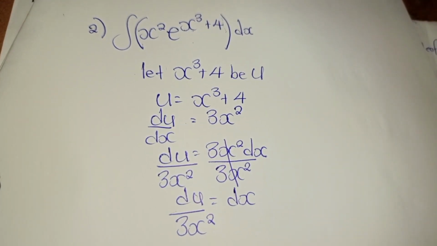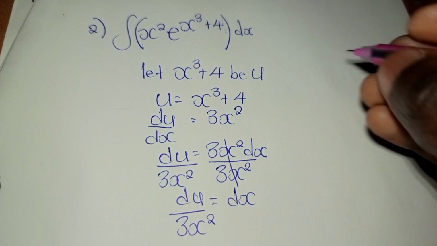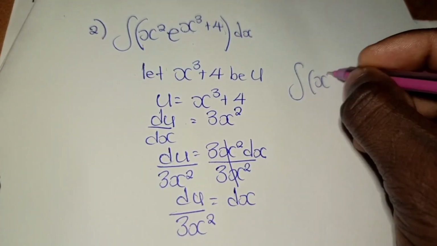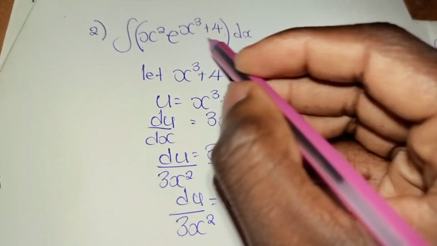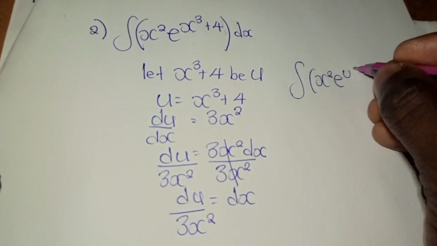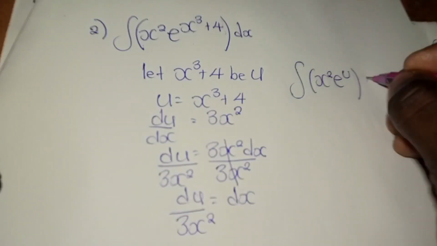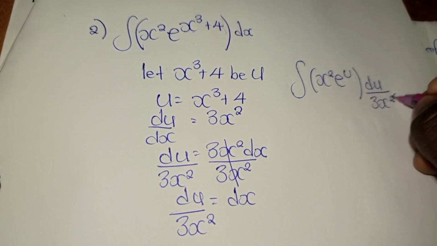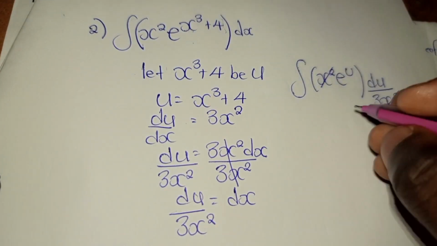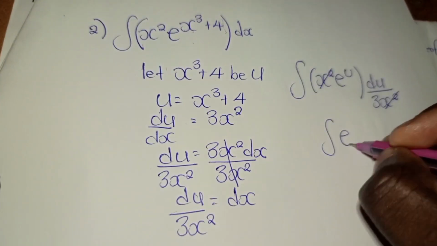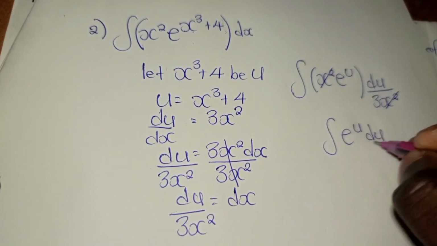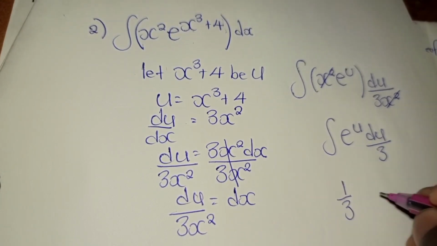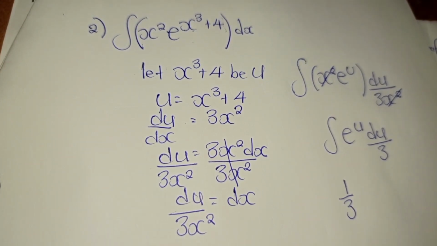Remember, our main interest is to find the integral of this function. Then we know the integral of x squared e to the power, remember, we had to let the power of the exponent be u. Then dx in this case is now du over 3x squared, where this x squared and that x squared can cancel out. Then you will remain with the integral of e to the power u du over 3. Remember, there is a 1 here, so we will take the 1 over 3 outside the integral.